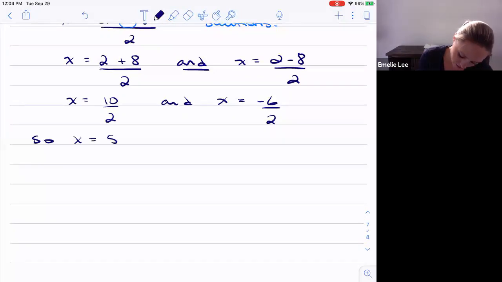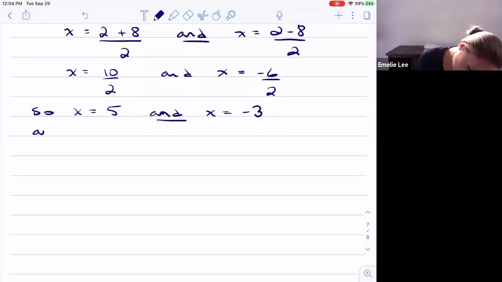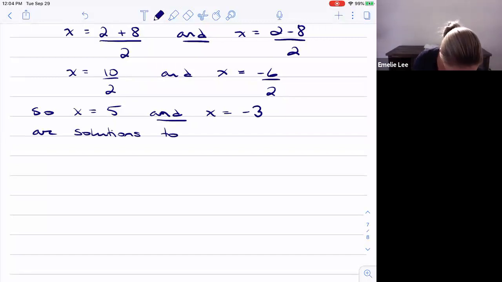So x equals 5 and x equals negative 3 are solutions to x squared minus 2x minus 15 equals 0.